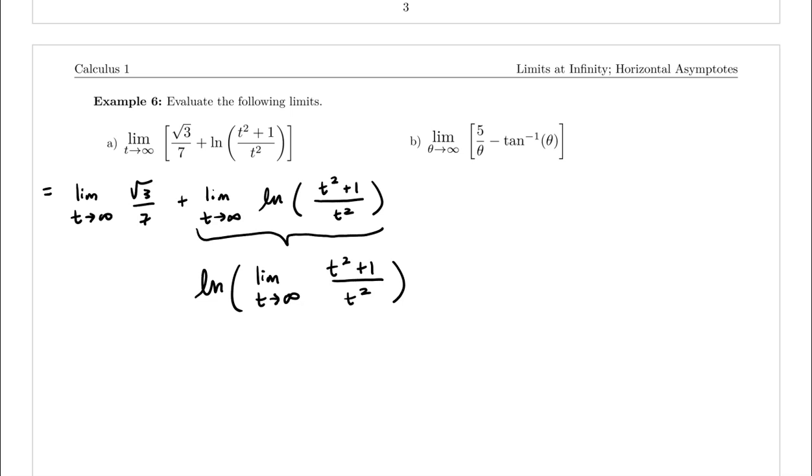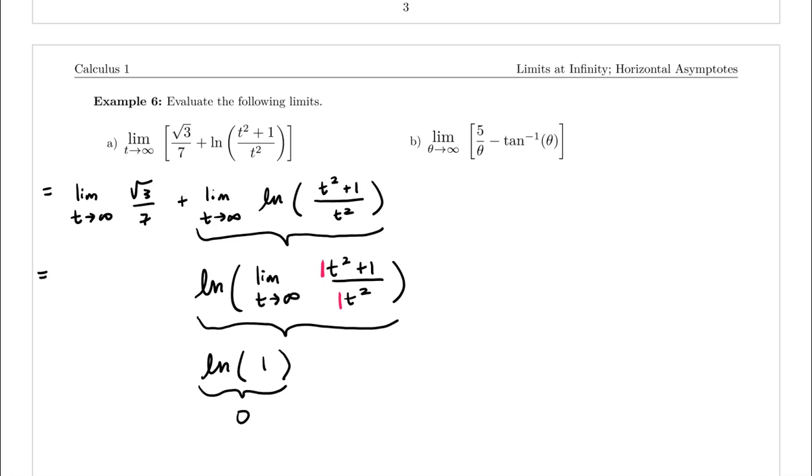Because the degree of the numerator and the denominator are the same, we take the ratio of the leading coefficients. So this is equal to the natural log of, as we take the limit as t approaches infinity, the ratio of the leading coefficients, and 1 divided by 1 is 1. Then the natural log of 1 is equal to 0.